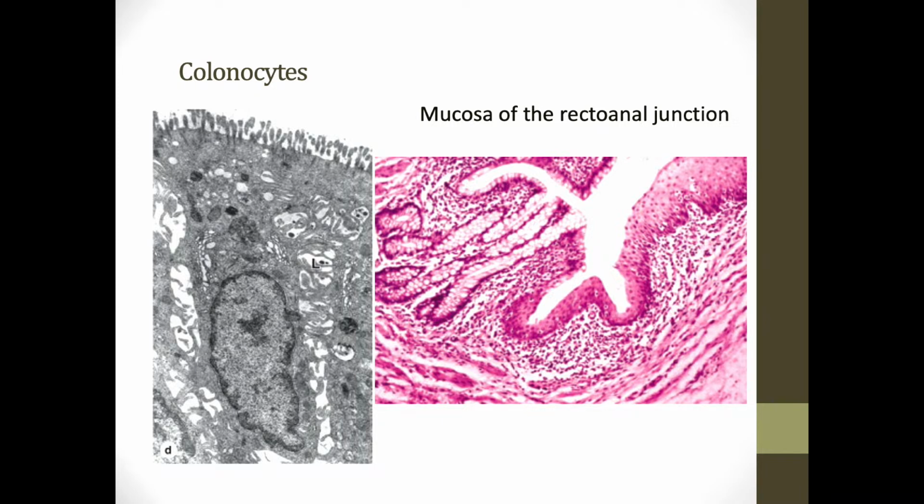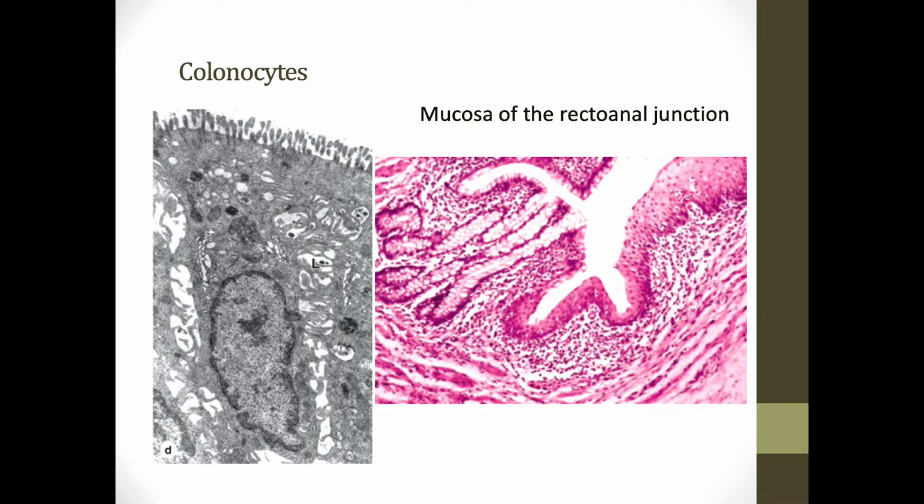Then the stratified squamous epithelium, and what is this tissue? It's the lamina propria, connective tissue, and you can see many lymphocytes, because this part has more contact with the environment and with foreign microorganisms.